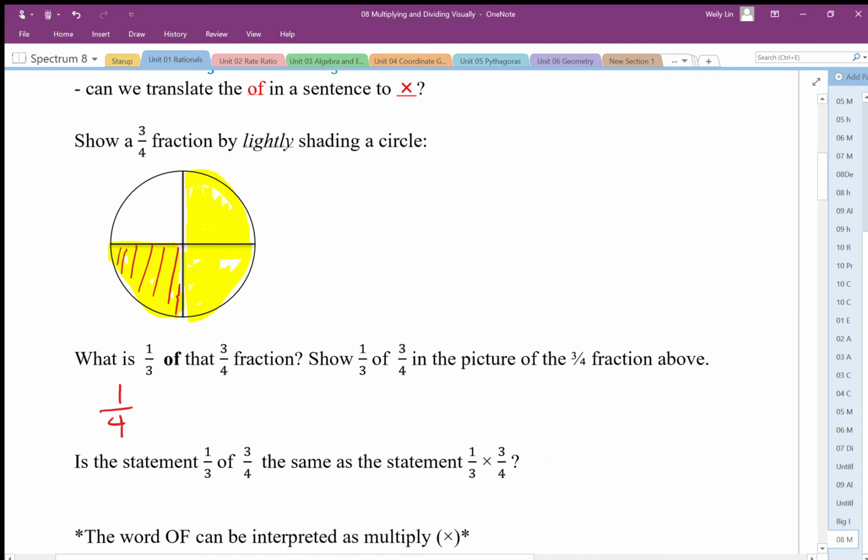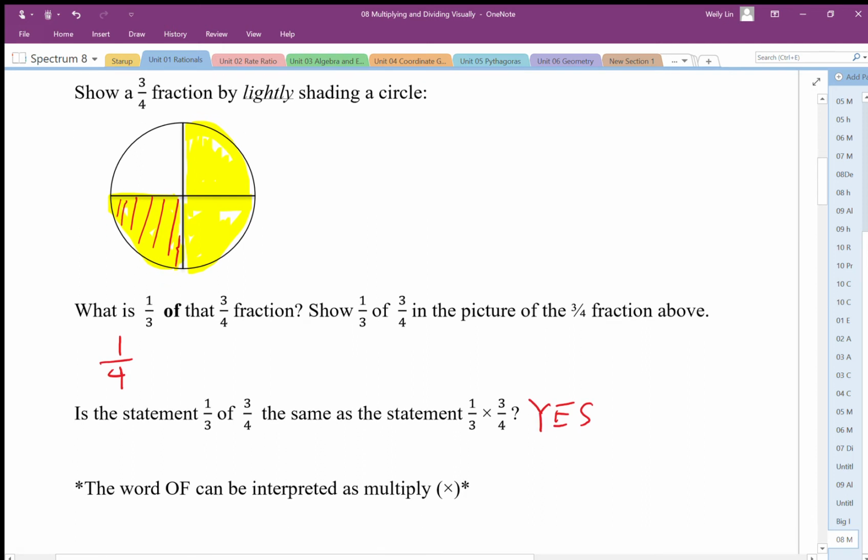So is the statement of 1/3 of 3/4 the same as the statement of 1/3 times 3/4? The answer is definitely a big yes. So the big idea is that "of" can be interpreted as multiplication when we talk about fractions.